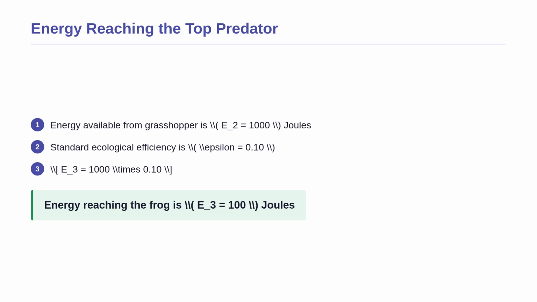The final answer is that the frog receives only 100 joules of energy from the original 10,000 joules captured by the grass. This massive drop in energy perfectly illustrates why linear food chains rarely have more than 4 or 5 levels. There simply is not enough energy left to support higher predators if they rely on a single straight pathway.